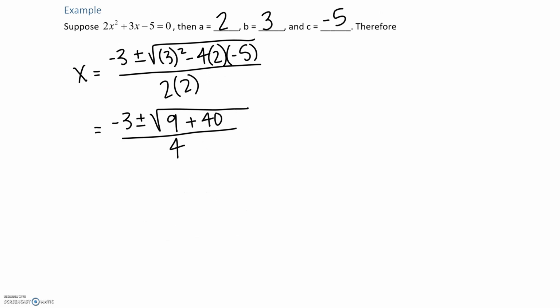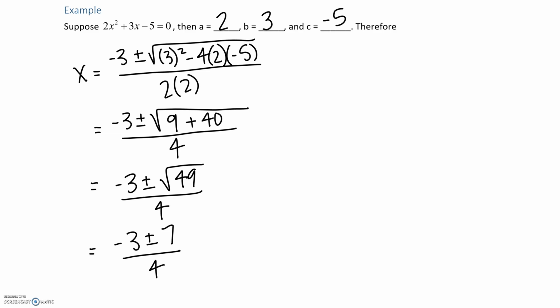Okay, so we're going to simplify that even more. We have negative 3 plus or minus the square root of 9 plus 40, which is 49, over 4. Okay, so that gives us negative 3 plus or minus the square root of 49, which is 7, over 4.